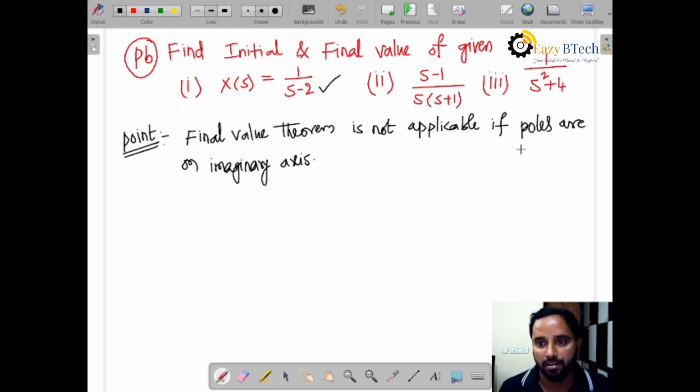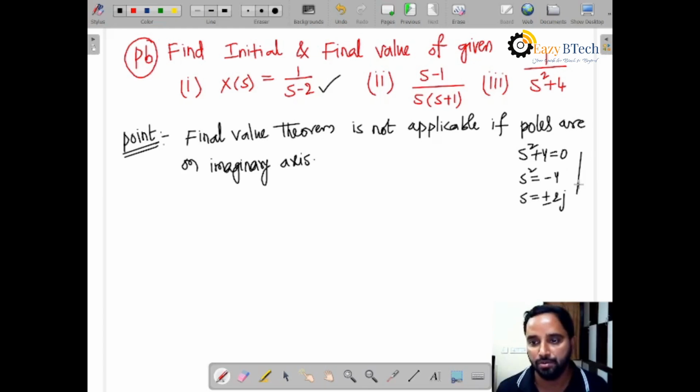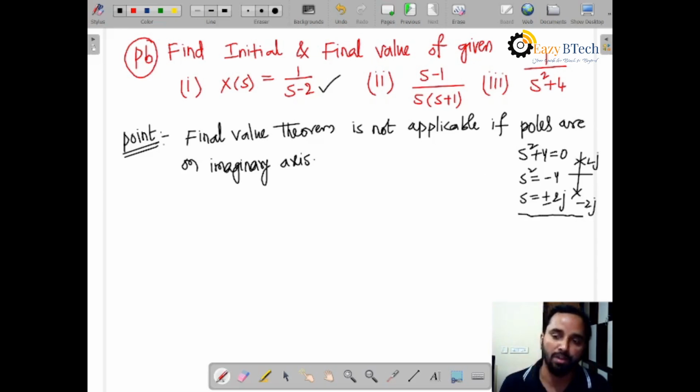Here s square plus 4. Poles I am writing: s square is equal to minus 4, so s becomes plus or minus 2j. So we are getting poles on the imaginary axis. In this case, the final value theorem is not applicable.